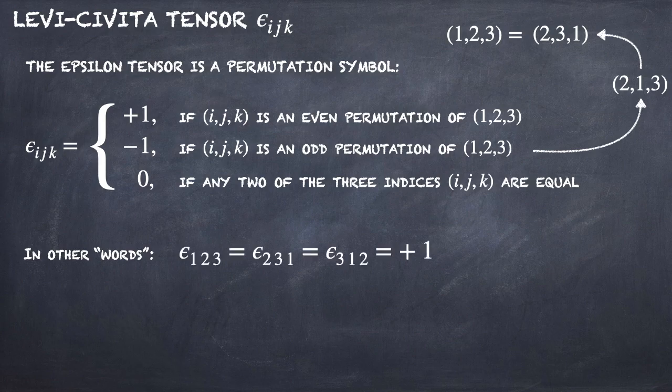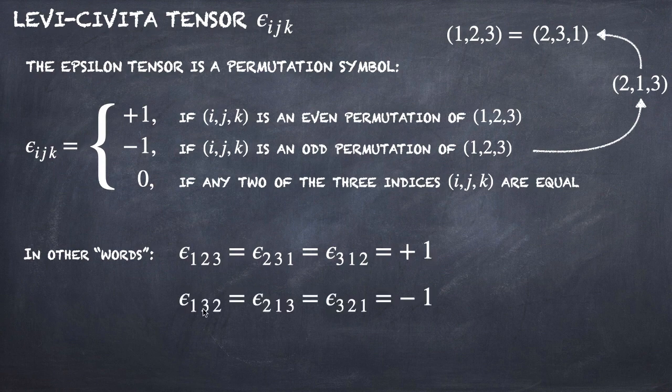In other words, epsilon of 1, 2, 3, or 2, 3, 1, a cyclic permutation of this, since it is invariant under cyclic permutation, or epsilon of 3, 1, 2, all of these are equal to +1.